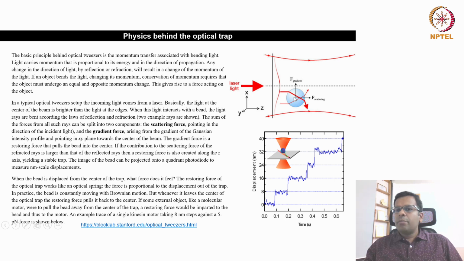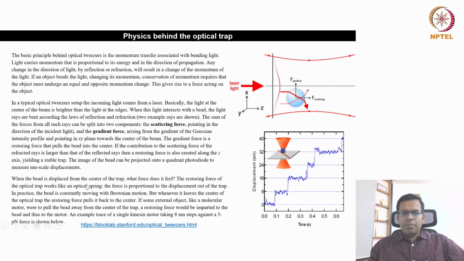Okay, they actually keep track of the position of the bead. So basically under the microscope you can see this bead using the camera, and you can see how this bead is trapped in the laser, and when some force is applied, how this bead comes back to its original position.